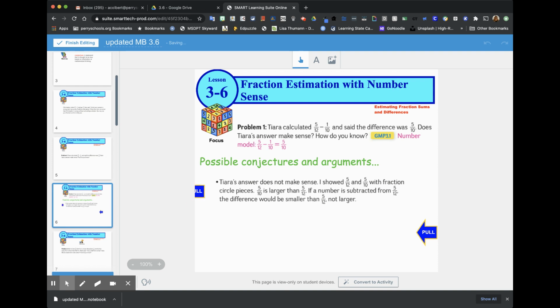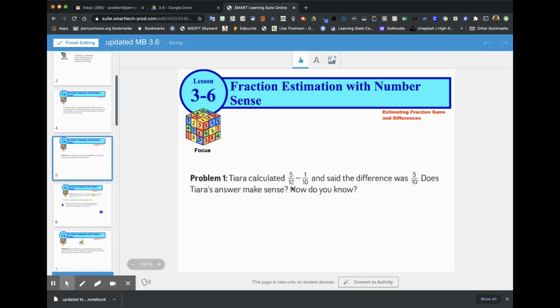Okay. 5/12 and 5/10 with fraction circle pieces you can use, or you can draw pictures. 5/10 is larger than 5/12. If a number is subtracted from 5/12, the difference would be smaller. Okay, so that's just like when I was saying 5/12 is close to a half. If I've already got something that's a half and I subtract, it's not going to be 1/2.